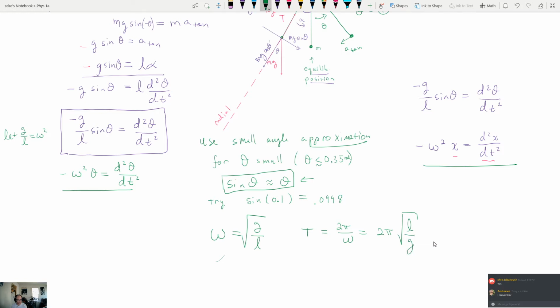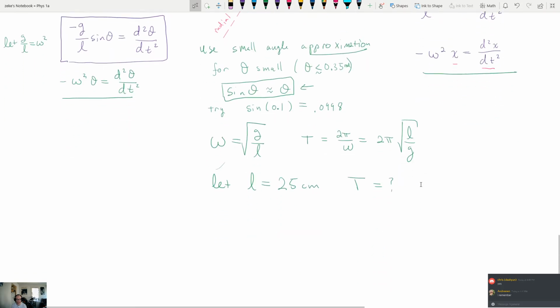Gravity. So, for example, if we choose L to be equal to 25 centimeters, okay, let's calculate what the period for the pendulum is going to be, all right? The period for the pendulum, if it's 25 centimeters, would be given by T is equal to 2 pi times the square root of 0.25 meters divided by 9.8 meters per second squared.